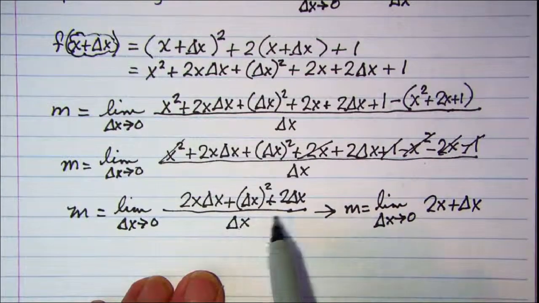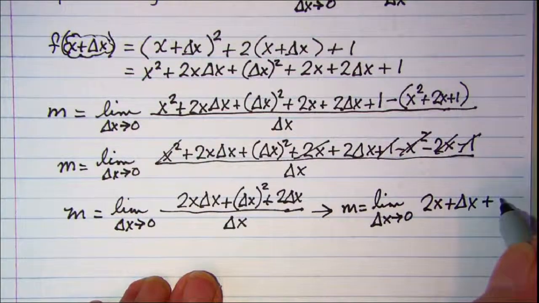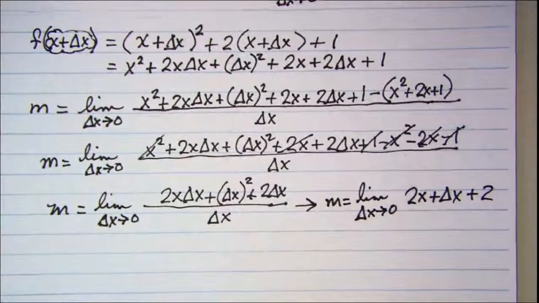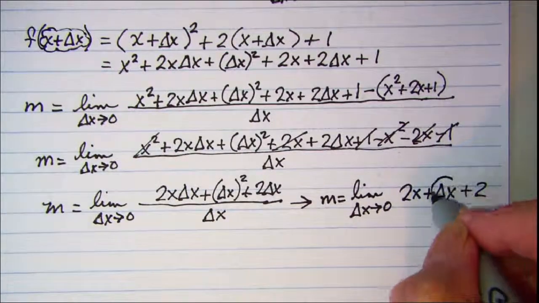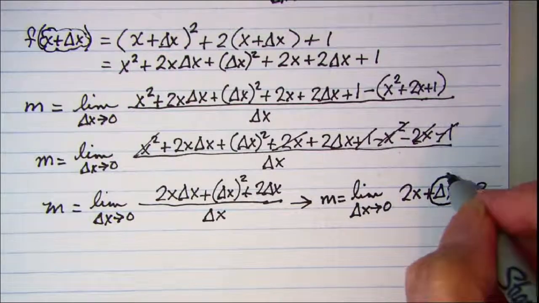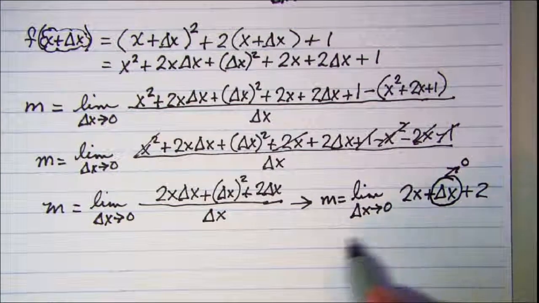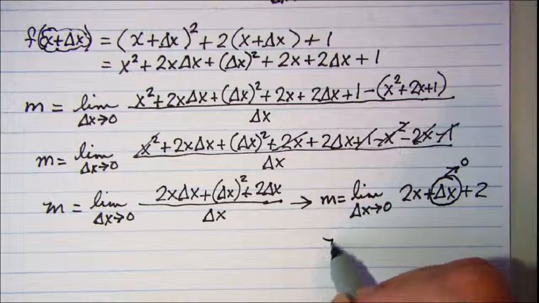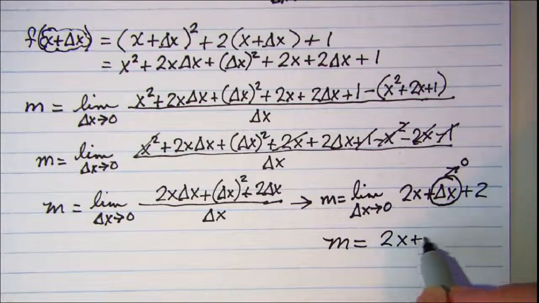And then when I cancel this one with this delta x, I'll just have plus 2 in the back. Now as delta x approaches 0, this term becomes 0. So I'm getting m is equal to 2x plus 2.